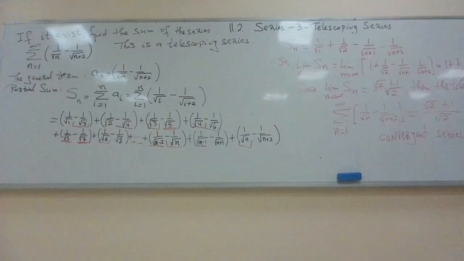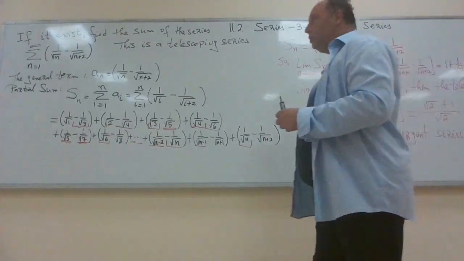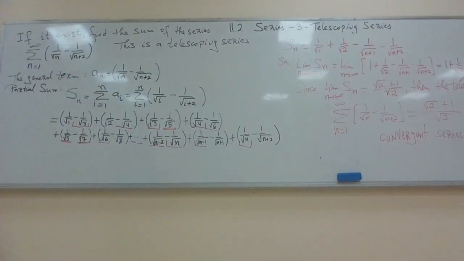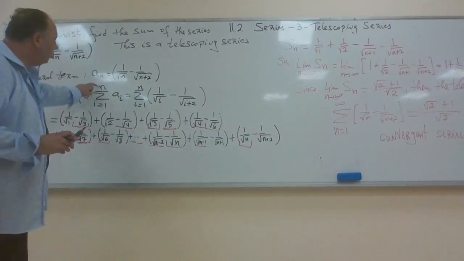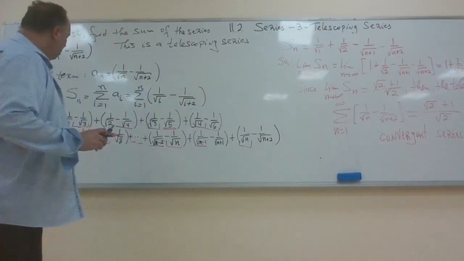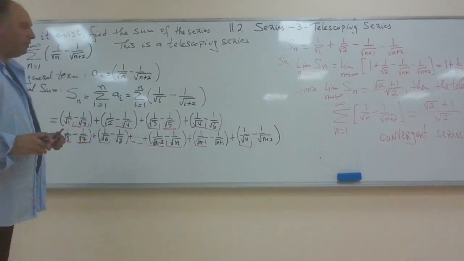So you see some of the telescoping series are convergent and others are not. So we just need to work our way through, and we use the definition of the sum of the series, which is a limit of partial sums. So we need to write the partial sums, we write them out, and we see which parts are cancelling and which parts are surviving.